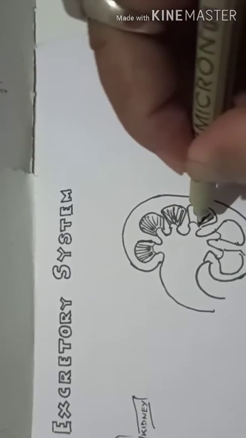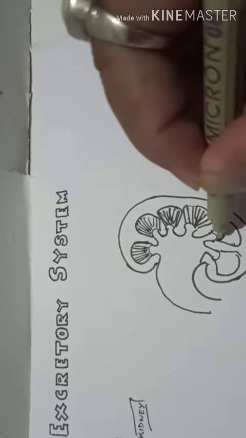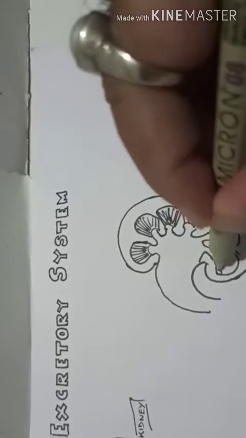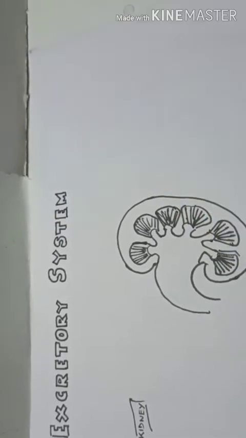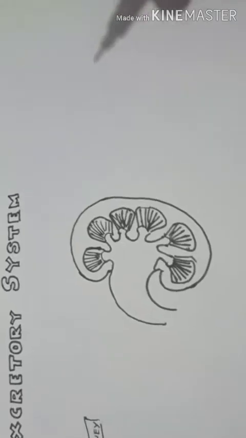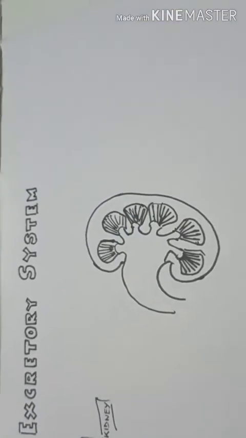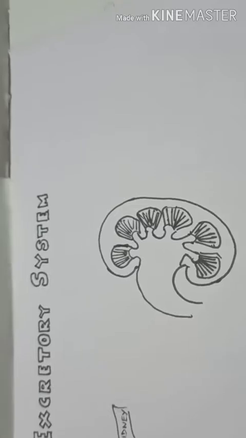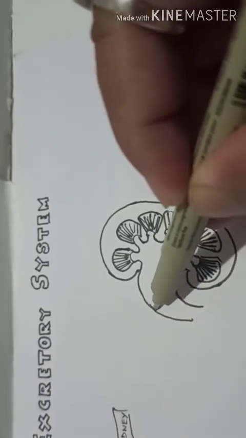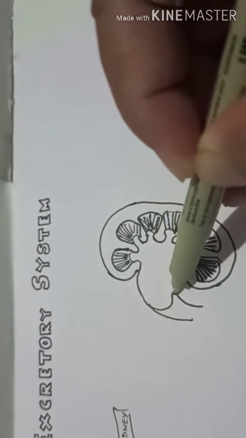It will be full of this kind of pattern of streaks. This is the structure of the kidney that will appear whenever we cut it open. So this kidney is like a pipe, definitely.